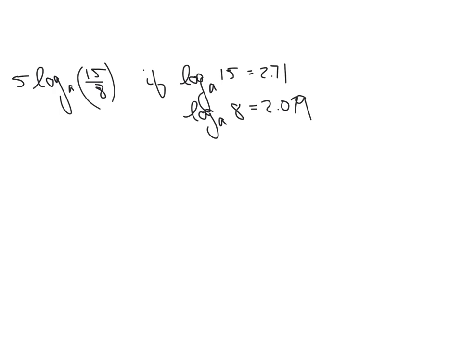Okay, so I'm supposed to find that if the log with base a of 15 equals 2.71 and the log with base a of 8 is 2.079. Okay, so this stuff is very important in order to figure this out.